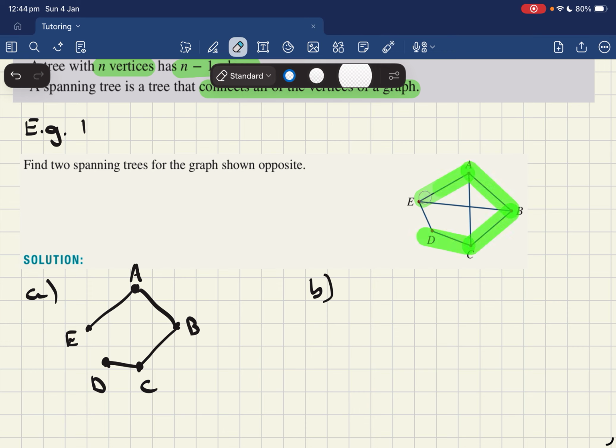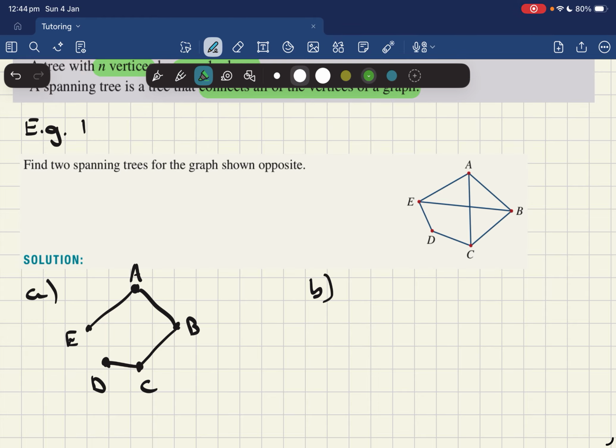Now, looking at another example over here, we just want to draw a second spanning tree. So I'm going to do this in a different way. Let's connect B to E, E to D, B to A, and B to C. And we'll draw what this would look like. So we're going to have E over here.